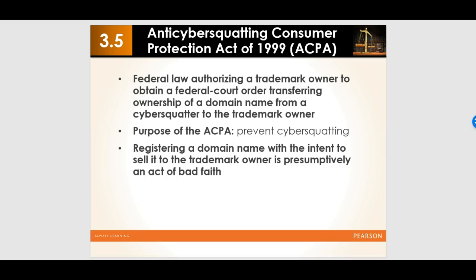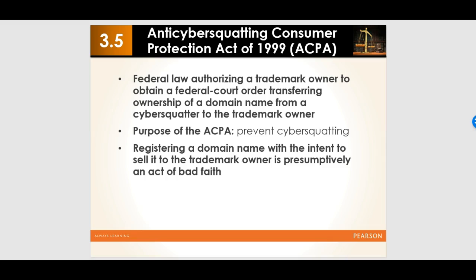And we also have the World Intellectual Property Organization, WIPO, and they have a domain name dispute resolution system in their mediation and arbitration tribunal.